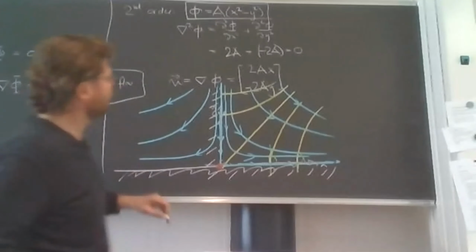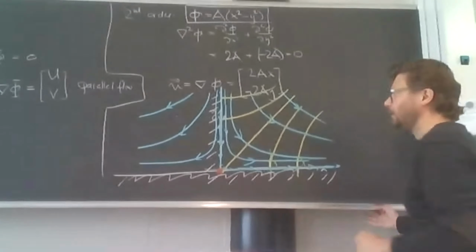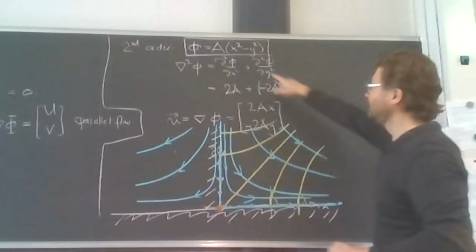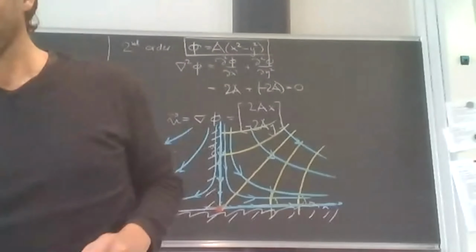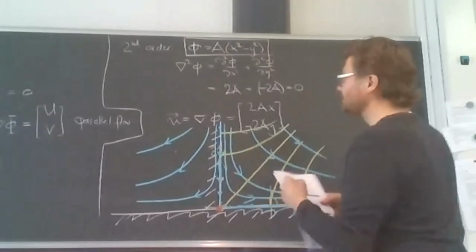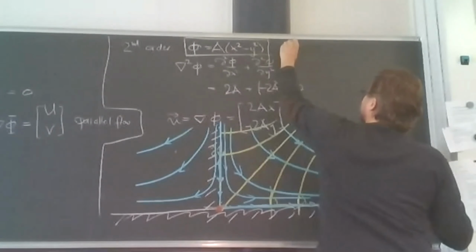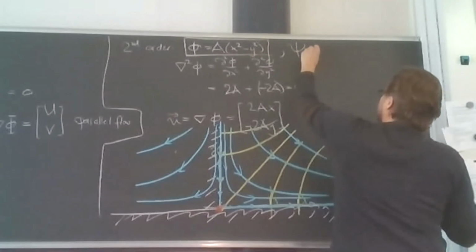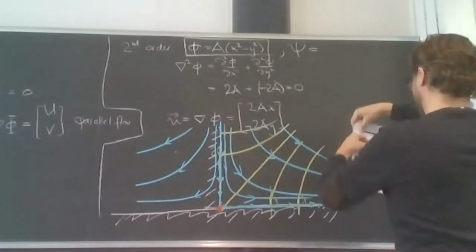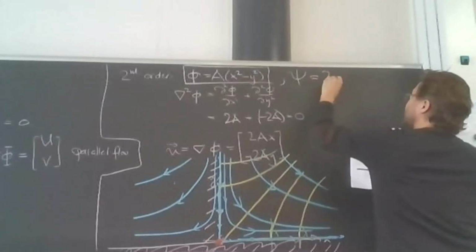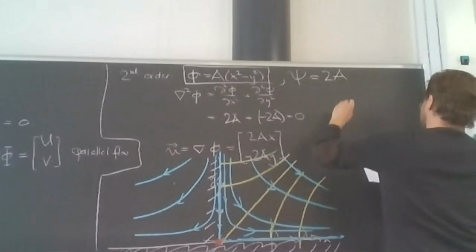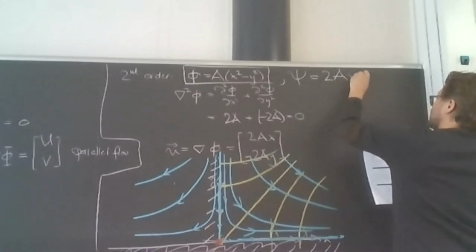Of course, stagnation point flow, or corner flow if you like, has next to the potential also the corresponding stream function, which just looks like that, 2a x y.